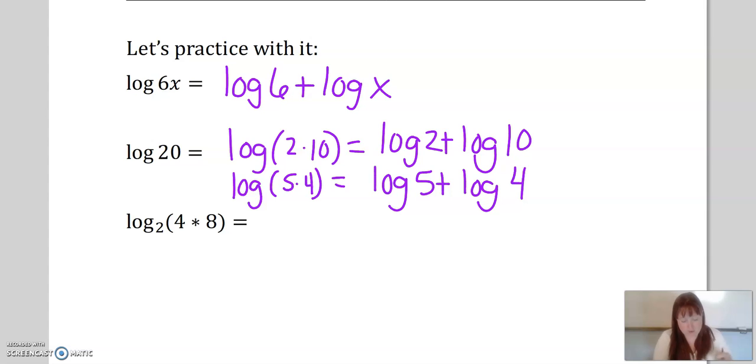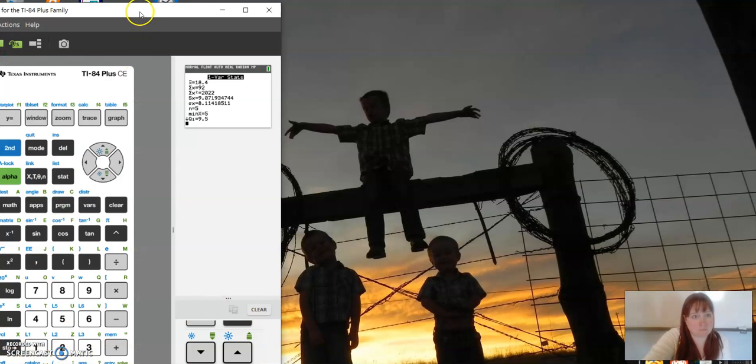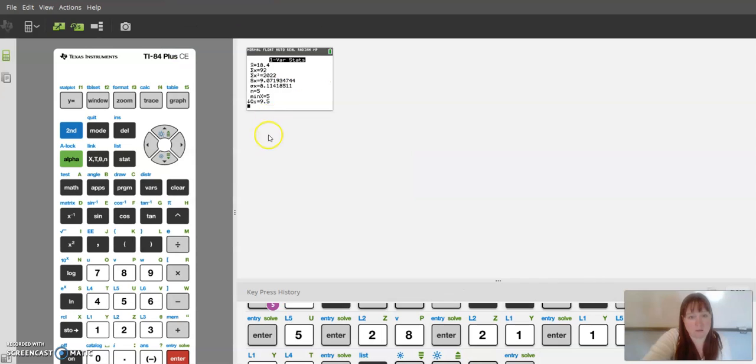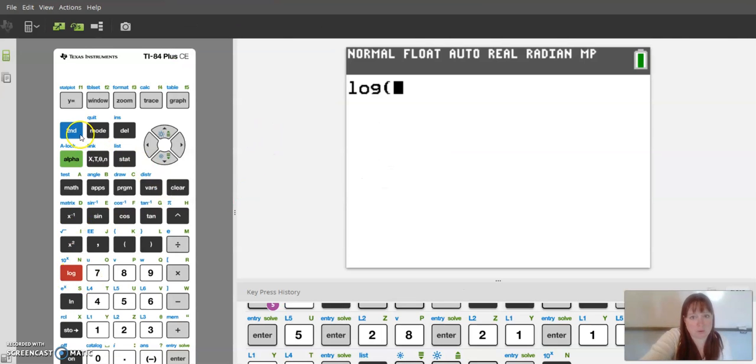Now, I encourage you to grab your calculator and check that. See if log of 2 plus log of 10 is the same as log of 5 plus log of 4. In fact, let's go ahead and do that. Let's see if I have my calculator up here. Log of 5 plus log of 4.